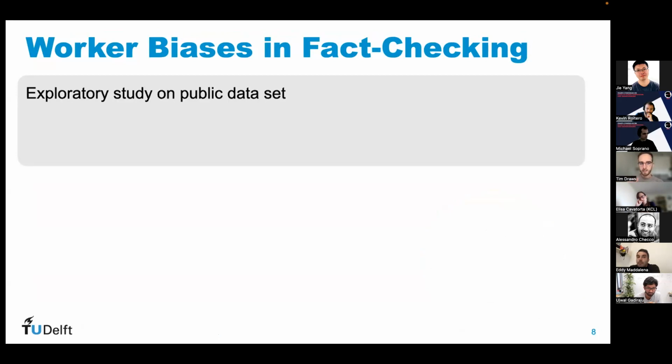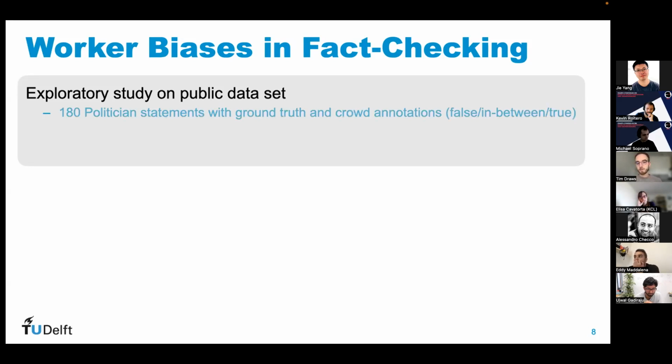Our starting point here was an exploratory study that we performed on a public data set. This data set contained 180 politician statements that each already had a ground truth with respect to whether the statement is true or not, because they were retrieved from fact-checking websites. But in addition to that, they also contained extra crowd annotations.